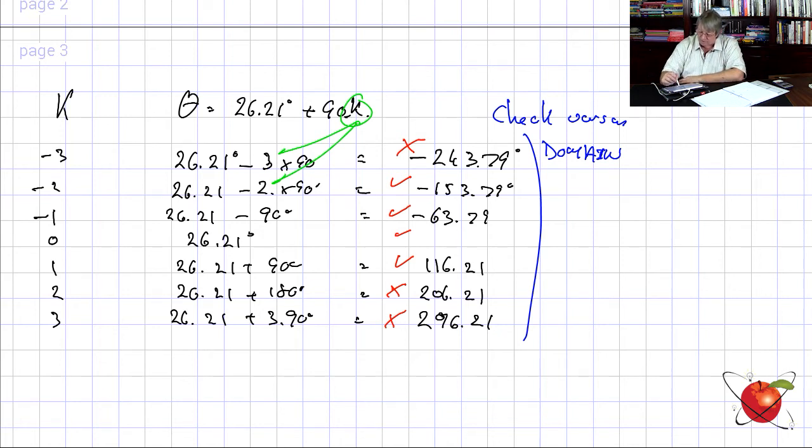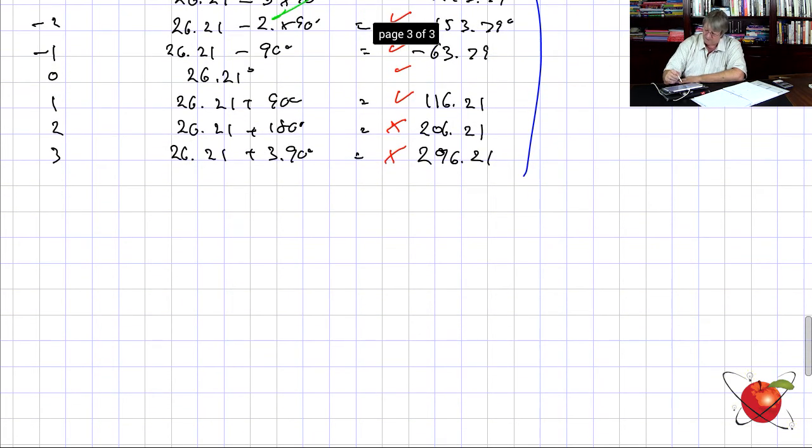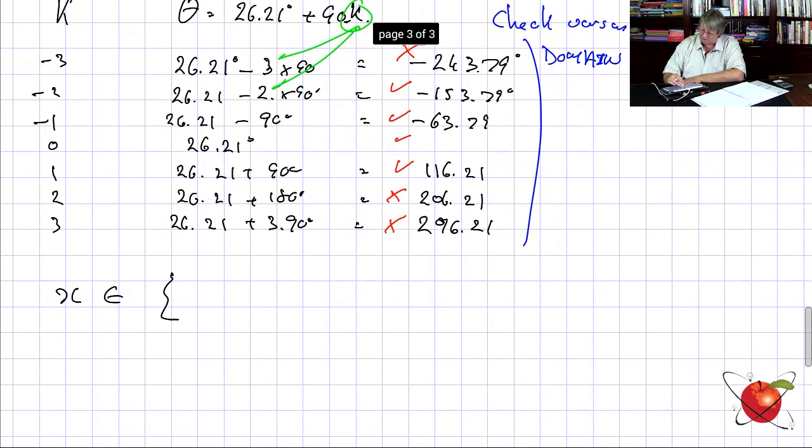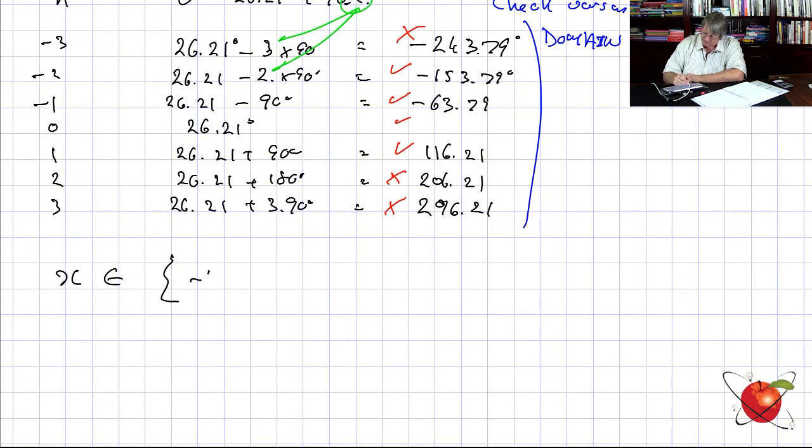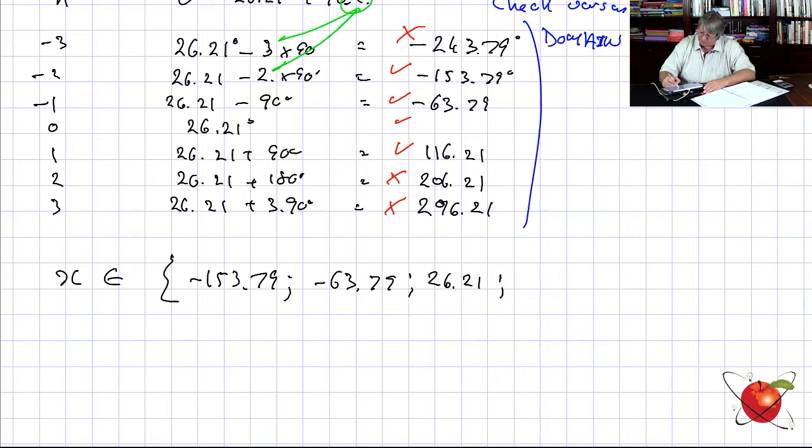How do I finish off this problem? I write this. I write x, element of, and I put down all of my angles over here: minus 153.79, minus 63.79, 26.21, and 116.21.